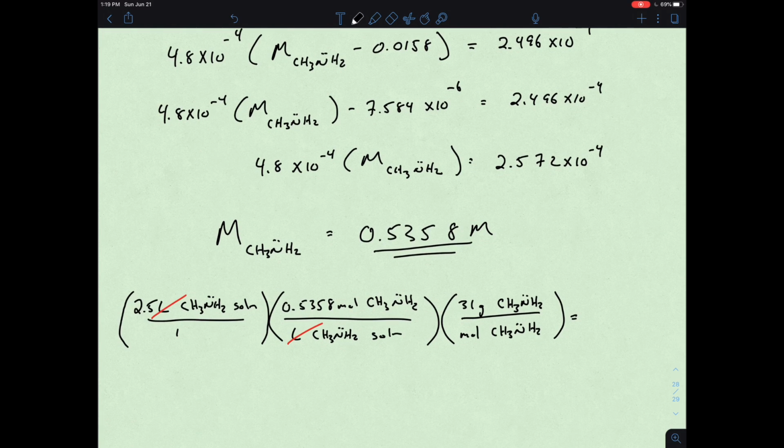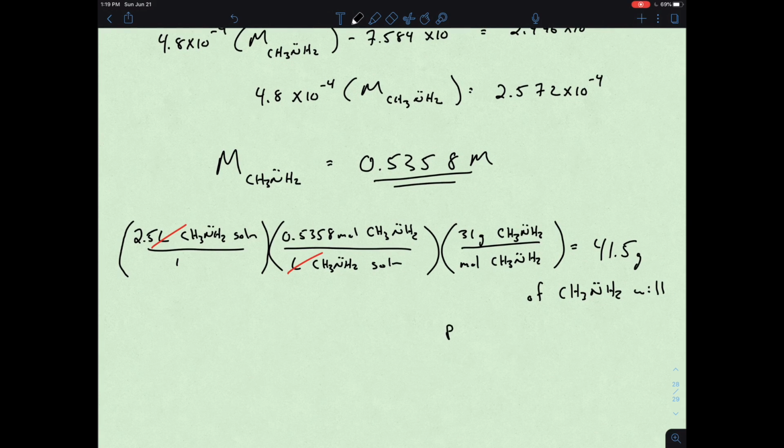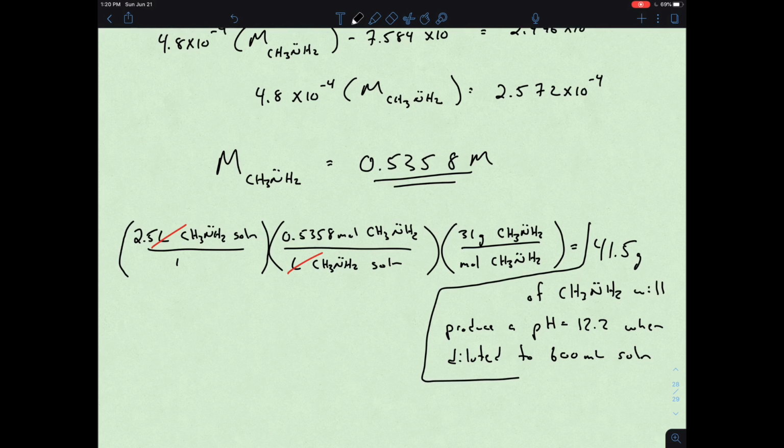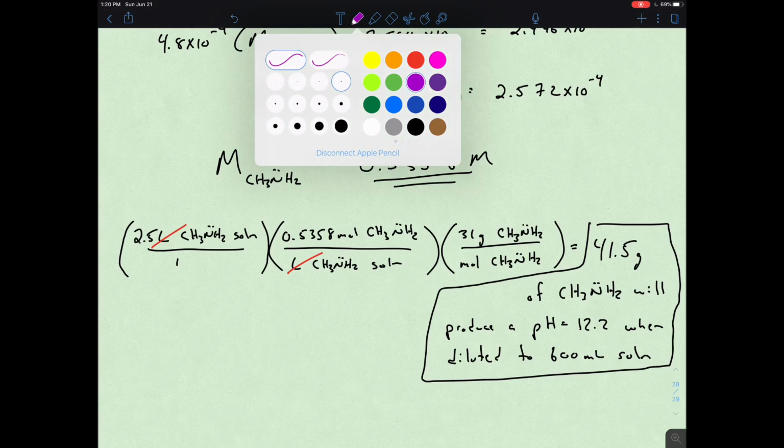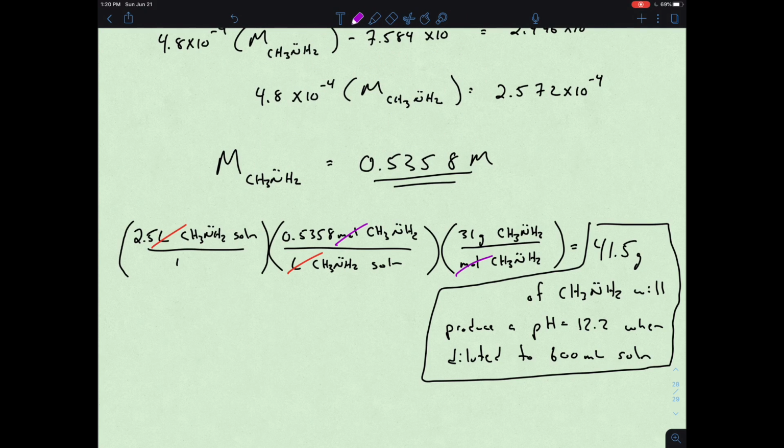And so we end up with 41.5 grams of methylamine will produce a pH equal to 12.2 when diluted to 600 milliliters of solution. So there is our final answer after that last conversion out of moles and into grams.